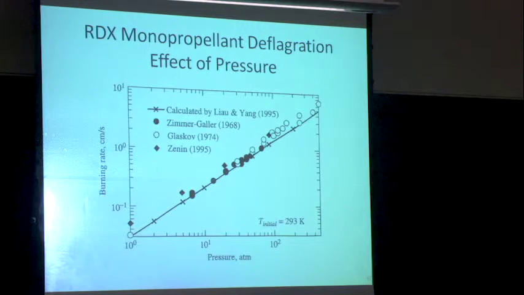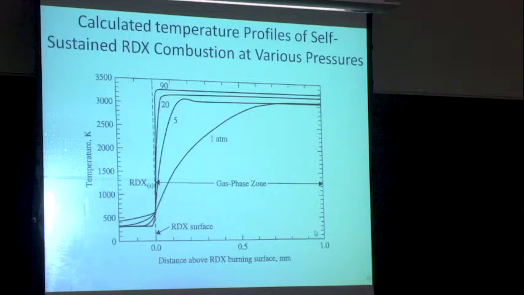Again, if you try to predict the burning rate as a function of pressure, you do a relatively good job, because calculating the temperature profile is not that difficult if I get the heat release right. So these are a number of different experimental results compared with the prediction of the burn rate, relatively good over a wide pressure range.